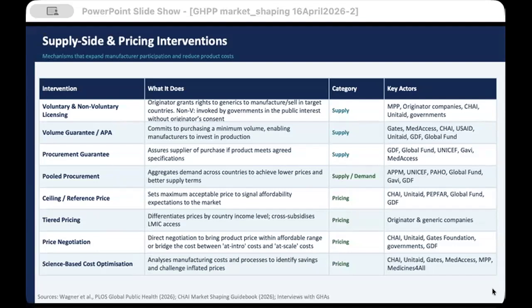Then science-based cost optimization. This is both evidence-based policy in terms of the cost of goods that are determined, and we have all used those as levers in order to bring about an affordable price. But there are also efficiencies to be gained in the manufacturing process. So we see actors like Medicines for All developing some of those manufacturing efficiencies, and CHAI has been very active in that space as well.